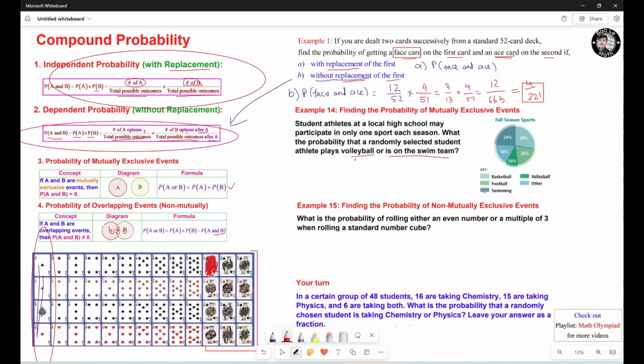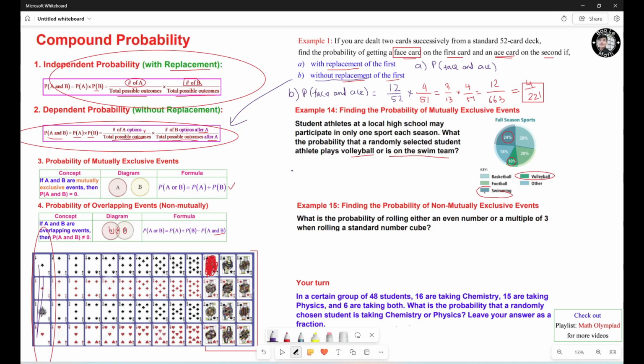So volleyball, we look at the volleyball here, which is 10%. And then the swim team, which is 24%. Since event A and event B have nothing in common, this is called mutually exclusive events.